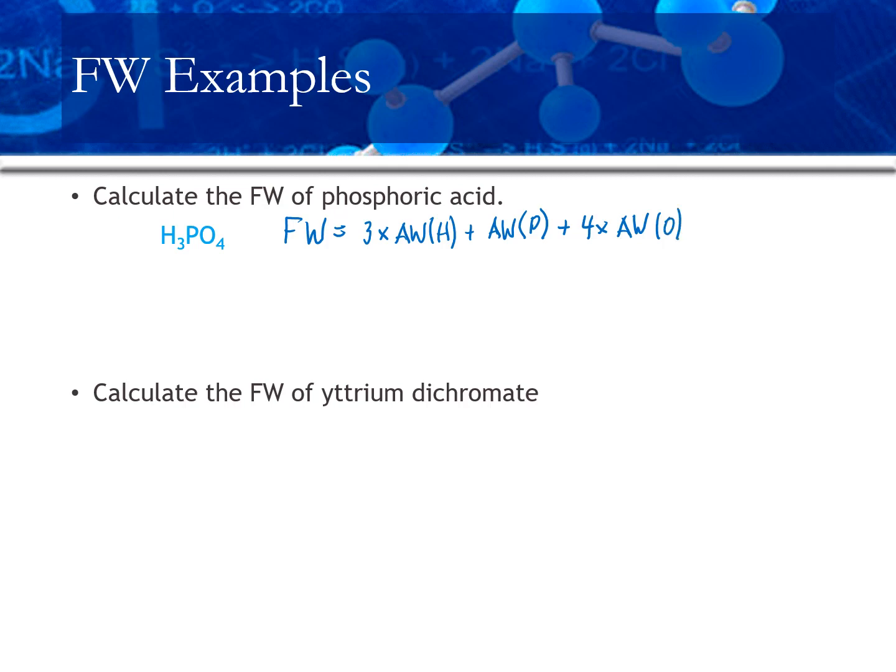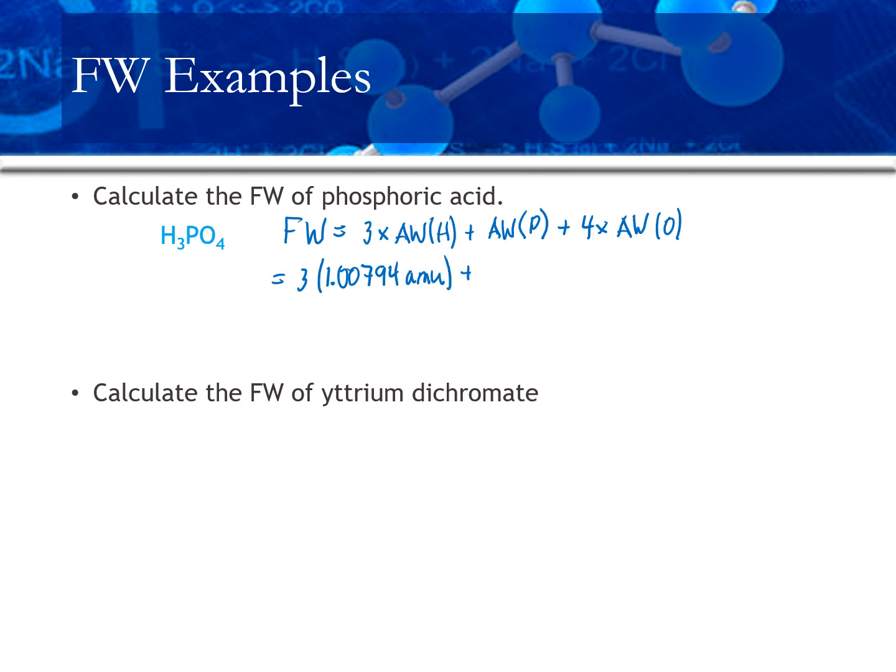And then reading the values of those off our class periodic table, so we have enough significant figures and so that we use the same values here. This is equal to 3 times, let's see, the atomic weight of hydrogen is 1.00794 AMU.